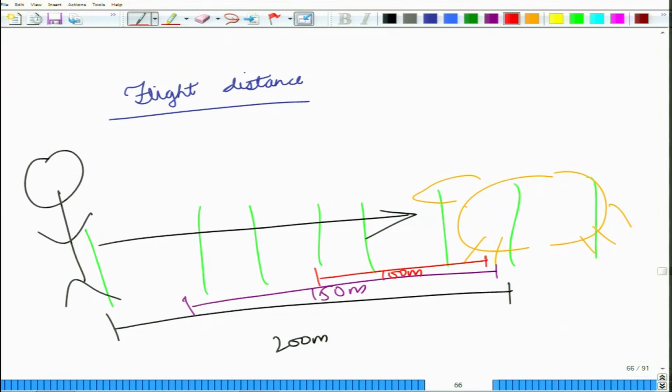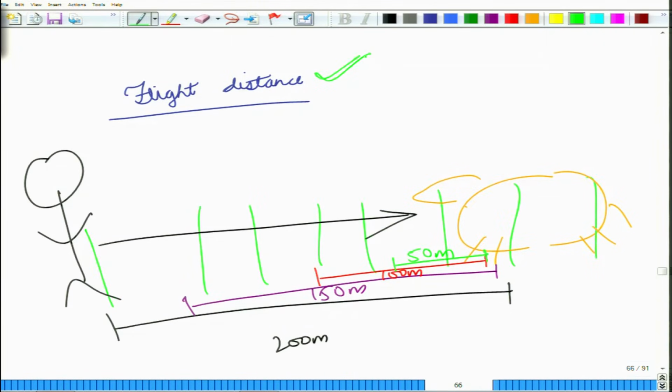So, you came as close as 100 meters and this cheetal is still feeding, and then you come as close as say 50 meters. Now, when you come as close as 50 meters, this cheetal thinks that you are so close that now if anything happens, you can jump and you can grab this cheetal. So, what will this cheetal do? It will stop feeding and it will start running away in the other direction.